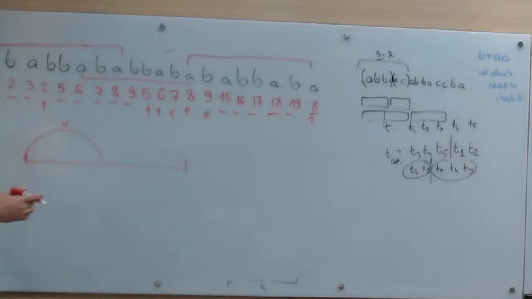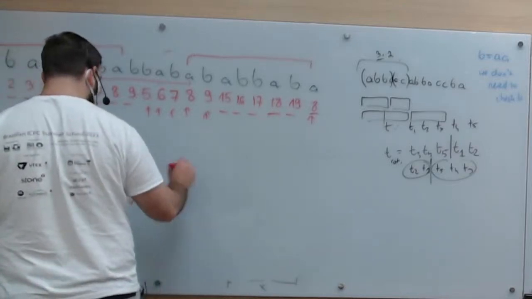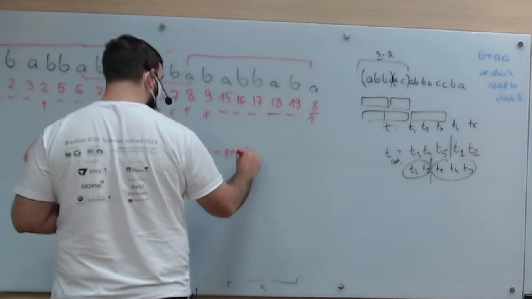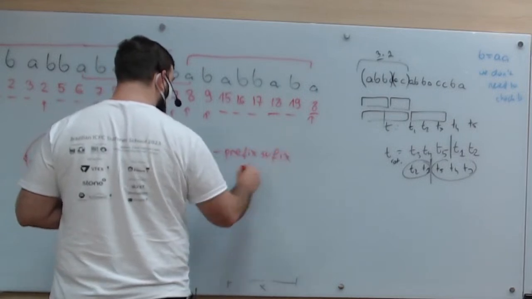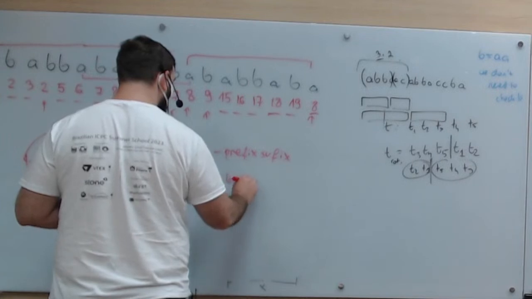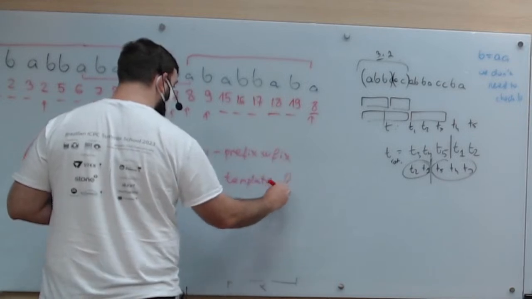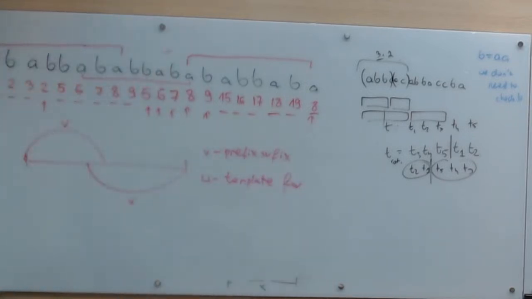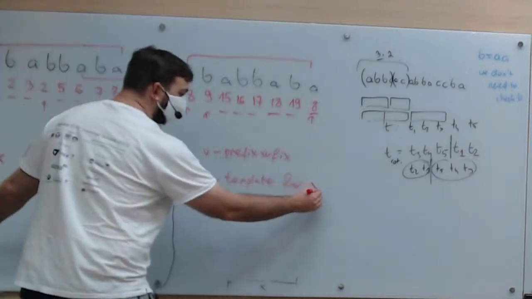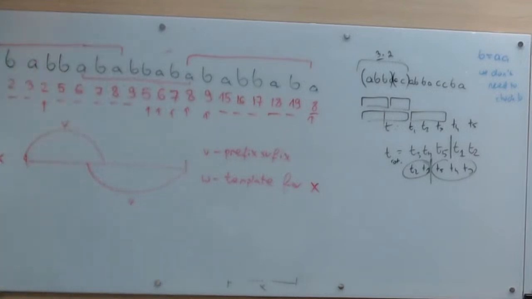Okay, so we have v, that is a prefix suffix. And we have a w, which is a template for, let's call this whole thing x, and this will be the template for x. So the first thing I want to show, if v is a template for x, v also has to be a template for v.